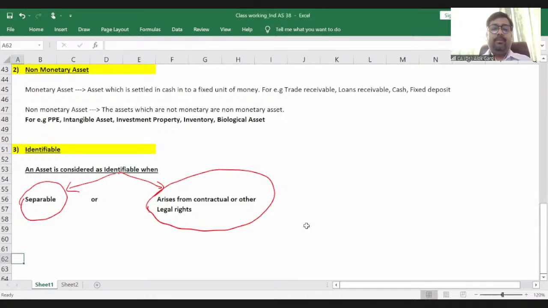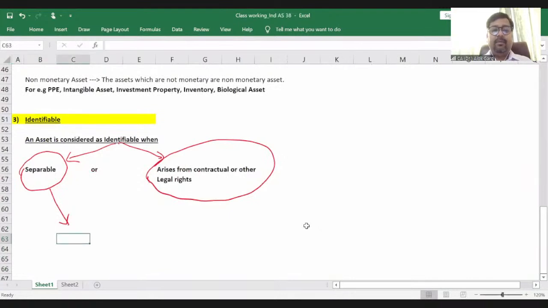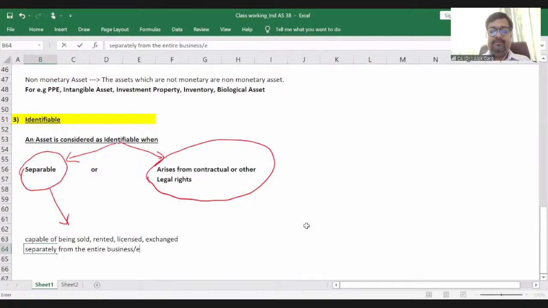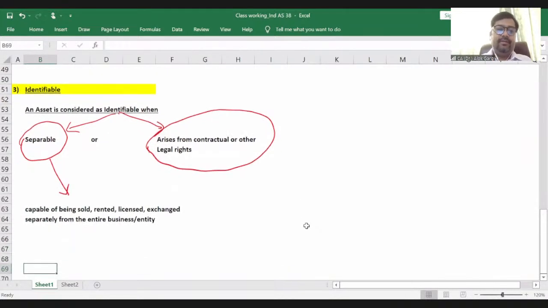It is considered to be separable when it is capable of being sold, rented, licensed, or exchanged separately from the entire business or entity, right?